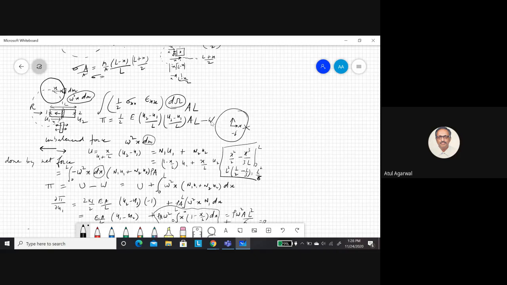This unbalanced force, I wrote like this.